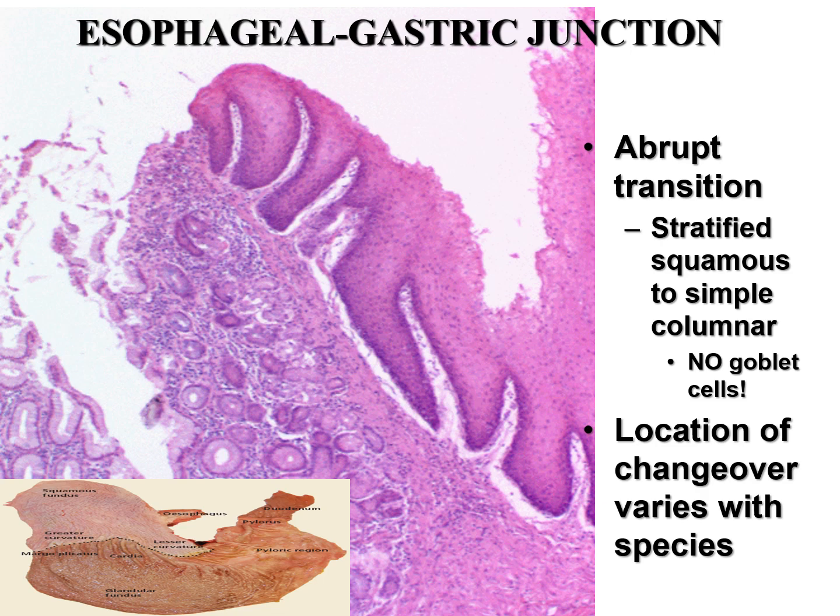Now we'll talk about the esophageal gastric junction, which is the area where the epithelium of the esophagus changes into the epithelium of the stomach. Usually the epithelium found in the esophagus is keratinized stratified squamous epithelium. When it changes to simple columnar, that means we are now in the area of the stomach.